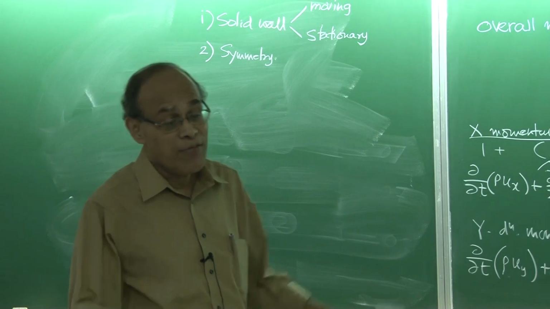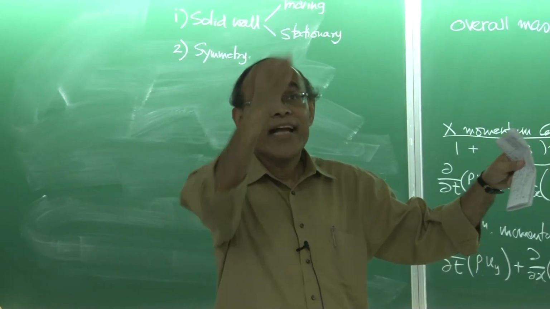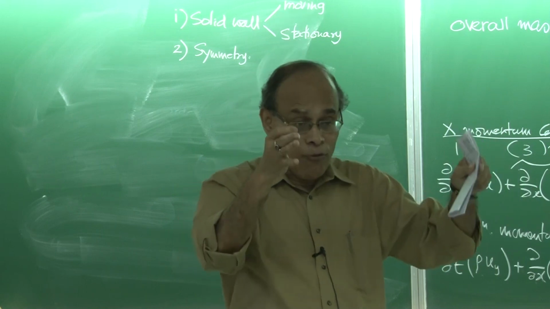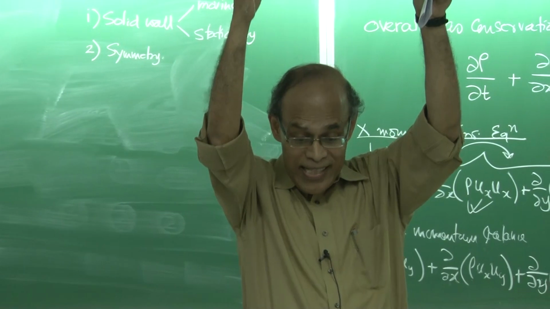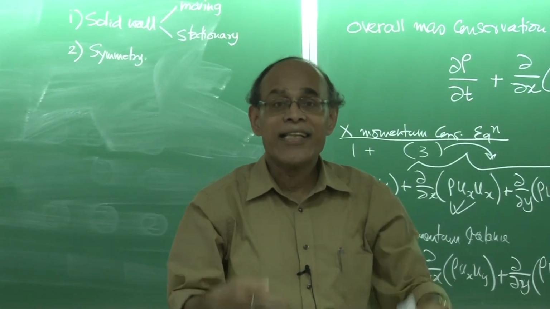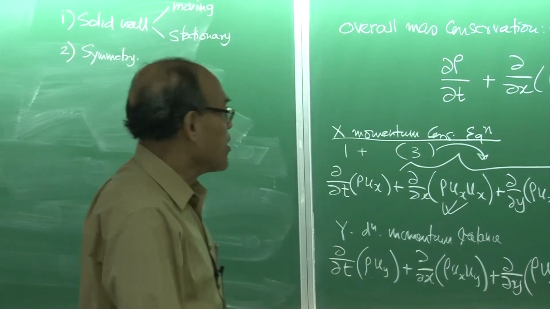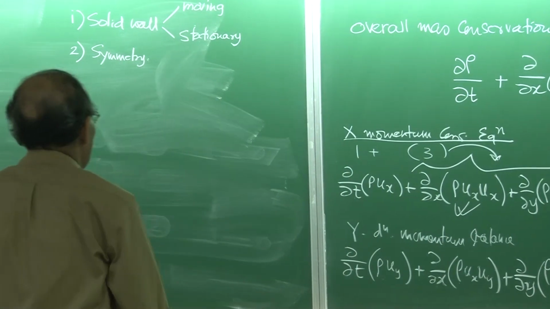I can exploit if there is a symmetry in the problem. I need not do the whole of the film. In that case, I would say, for example, a film flow between two parallel plates, where the two parallel plates are moving in the same direction with equal speed or velocity. In that case, I can apply a symmetry boundary condition or a symmetry line through the center, which I will draw like this.